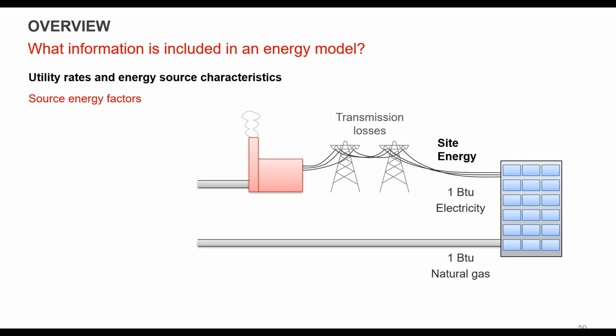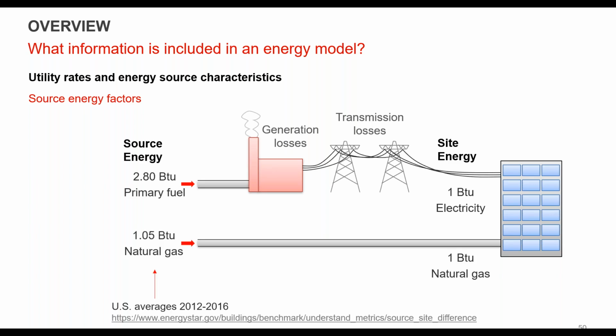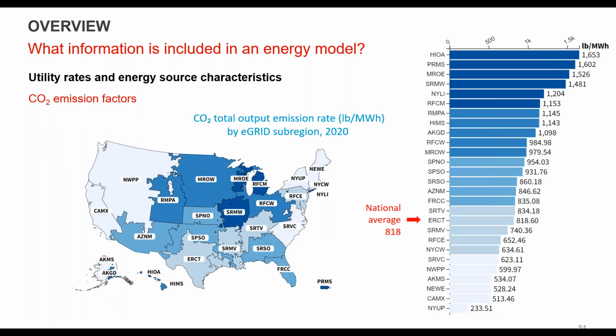A couple other questions: variable versus constant CO2 energy factors. That's what I was saying. The numbers published from eGrid, which is the eGrid data on this slide from 2020, are fixed values calculated from the average of that total year.